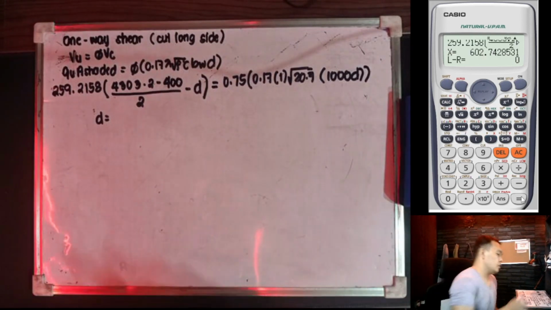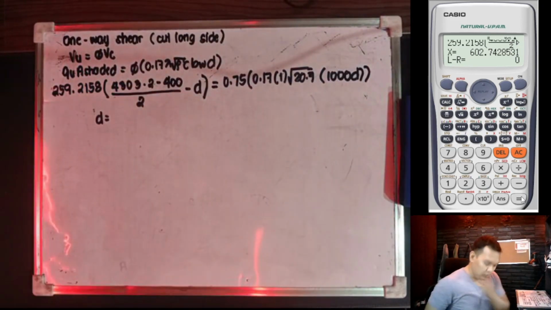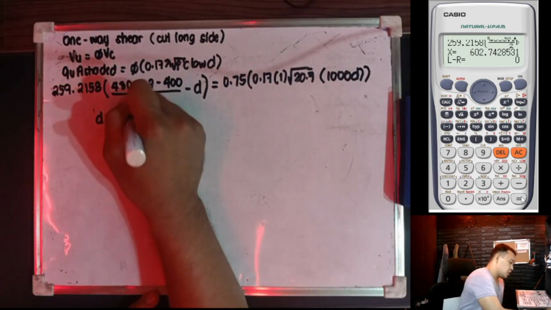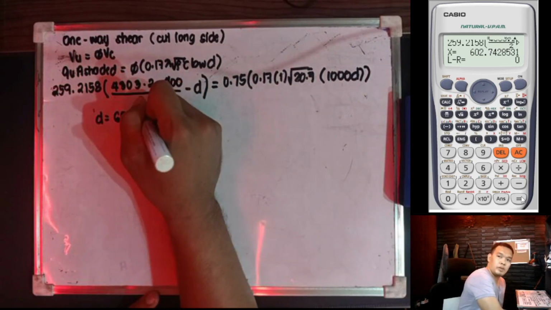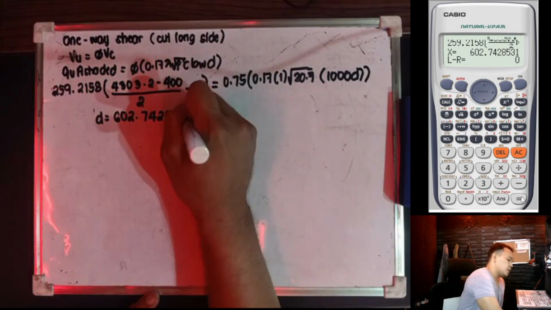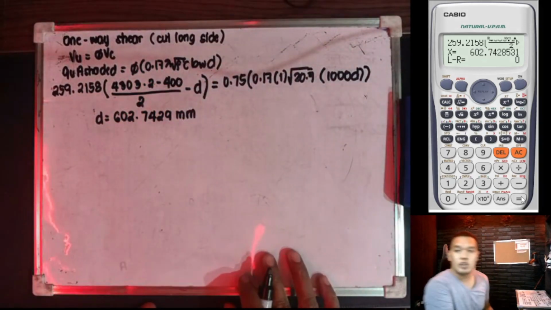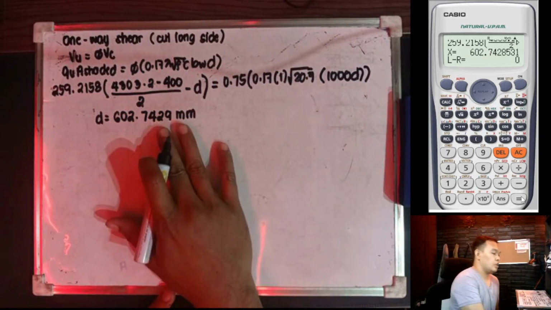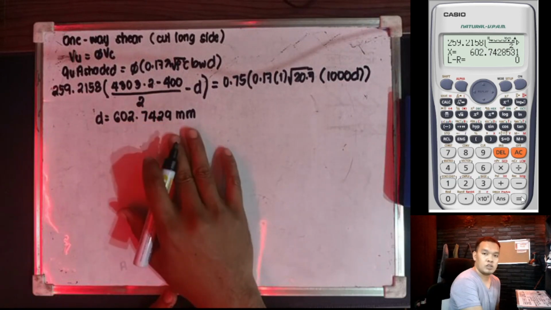So we have here the value of D, which is equivalent to 602.7429 mm. Okay?